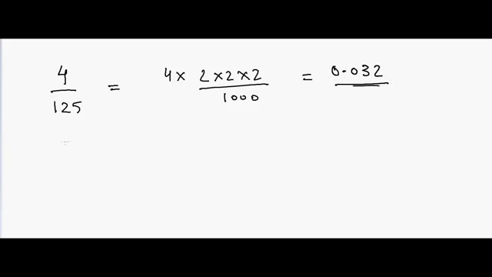Again, if I have 20 and want to divide by 125, 2 into 8 is 16, so that's 16 here, and then I have one more 0 here, so this will be my answer.